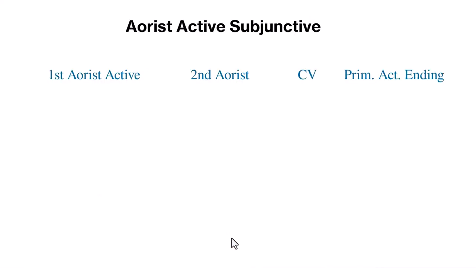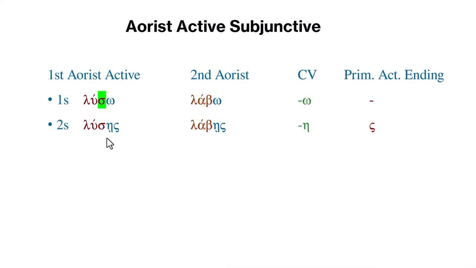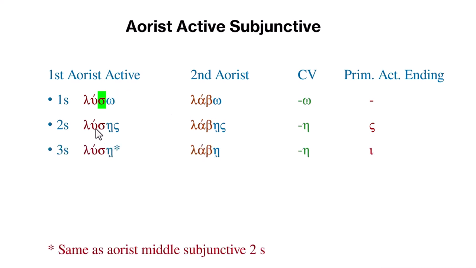So what does that look like? The aorist active subjunctive, again, has that sigma tense formative in the first aorist. The second aorist uses the second aorist stem, and so it ends up looking a lot like the present subjunctive. We see those tense formatives carried on down.